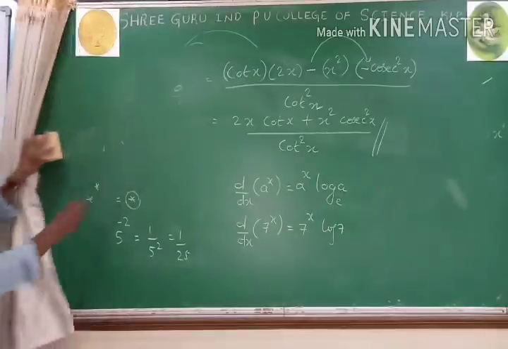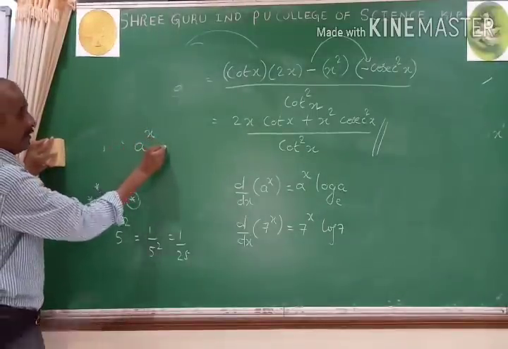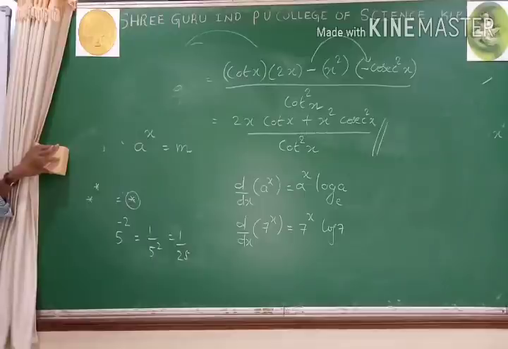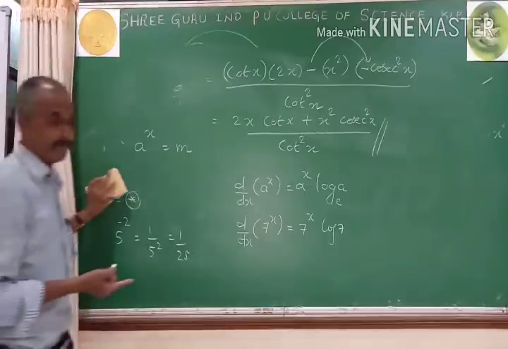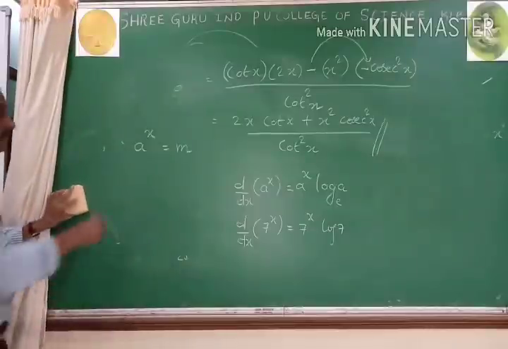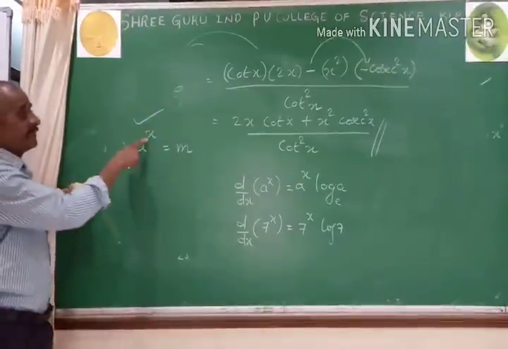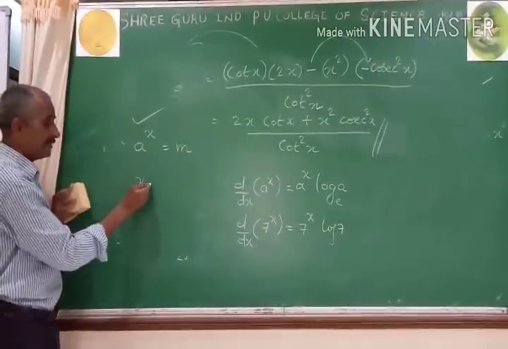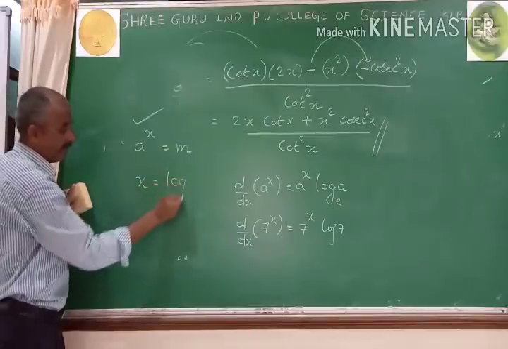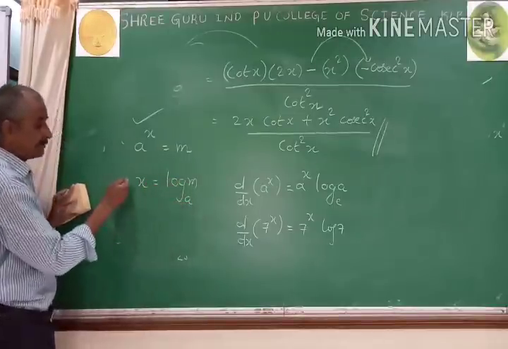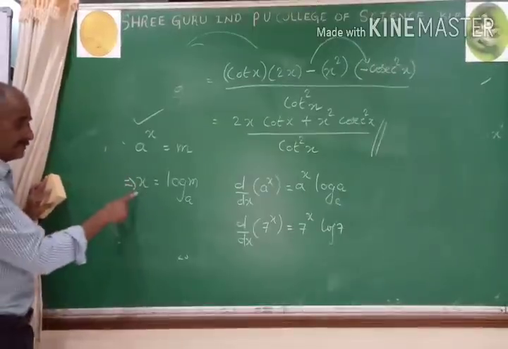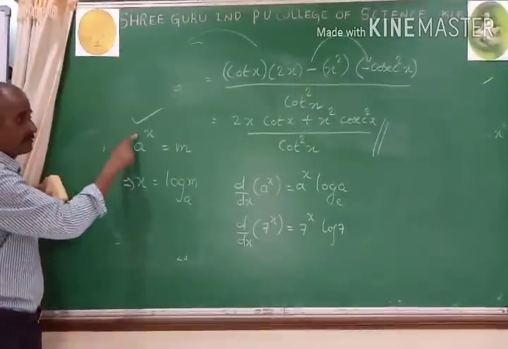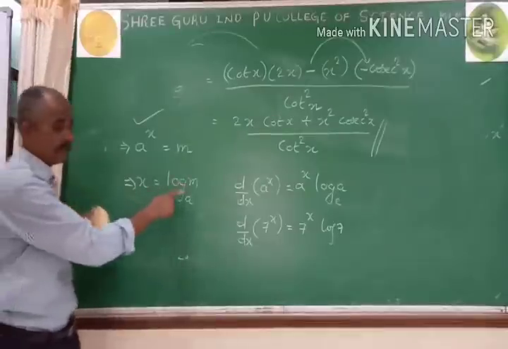So in general, let's consider a power x always equal to m. Keep in mind, m is always positive, a is greater than 1, and x can be any real number, negative or positive. So if a power x is equal to m, then x is called the logarithm of m to the base a. In particular, it is written as x equal to log m to the base a, and vice versa. Vice versa means whenever x is log m to the base a, it implies that a power x equals m, and whenever a power x is equal to m, it implies that x is equal to log m to the base a.